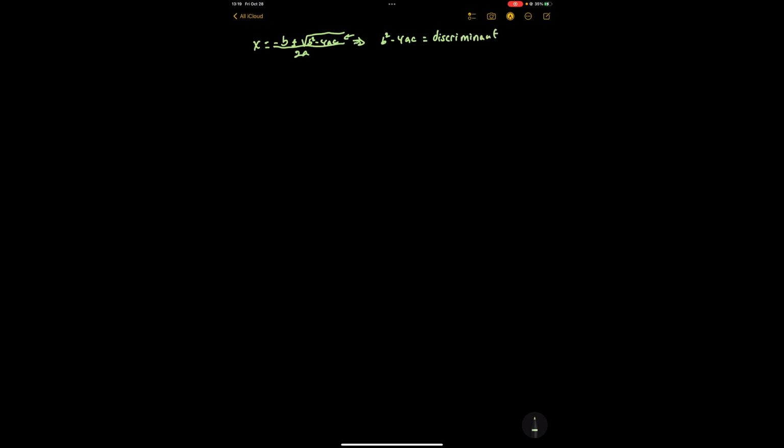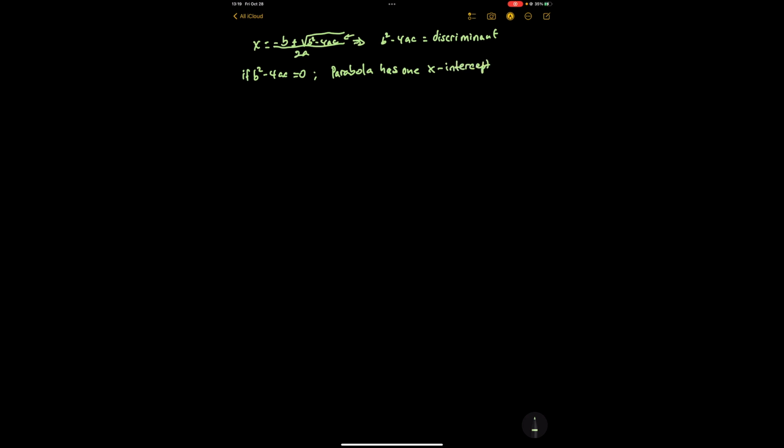What does that tell you? That part tells you three things about the function. For instance, if b squared minus 4ac is equal to 0, then the parabola has one x-intercept.